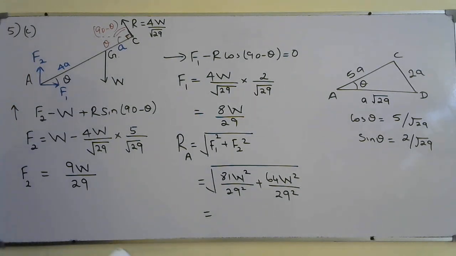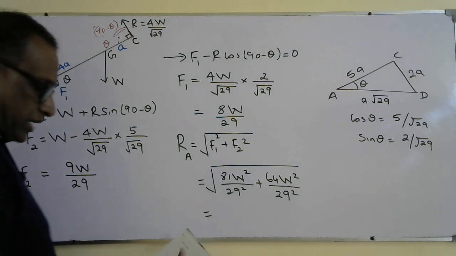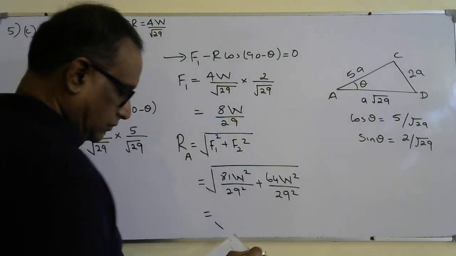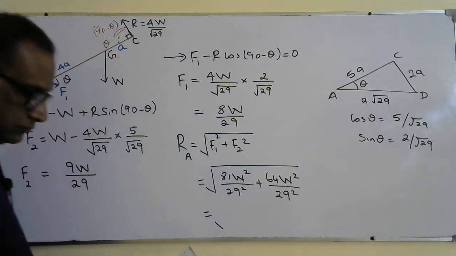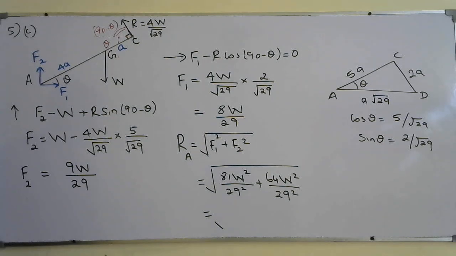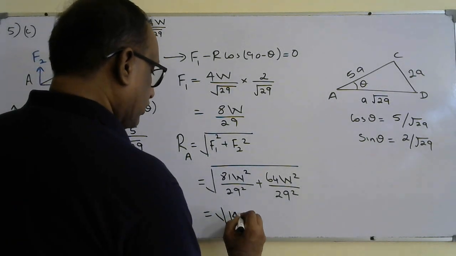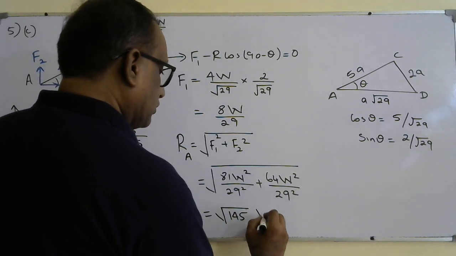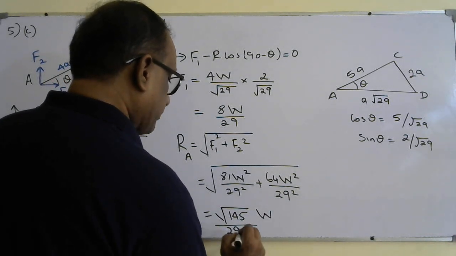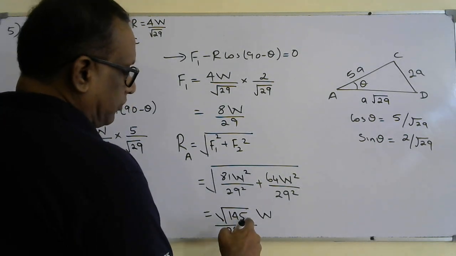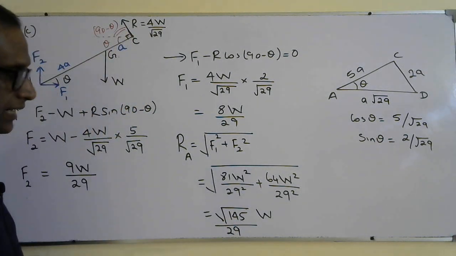You will get square root of 145 W squared over 29 squared. Anyway, we can divide 145 by 29, you can get an answer, simple.